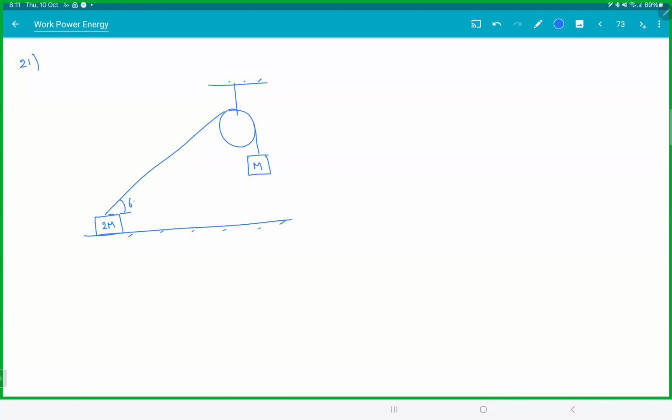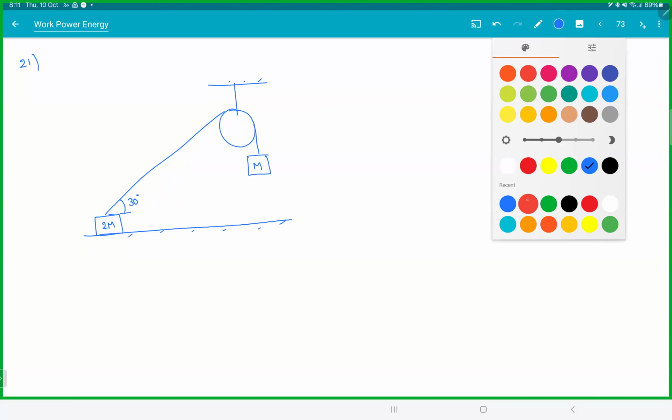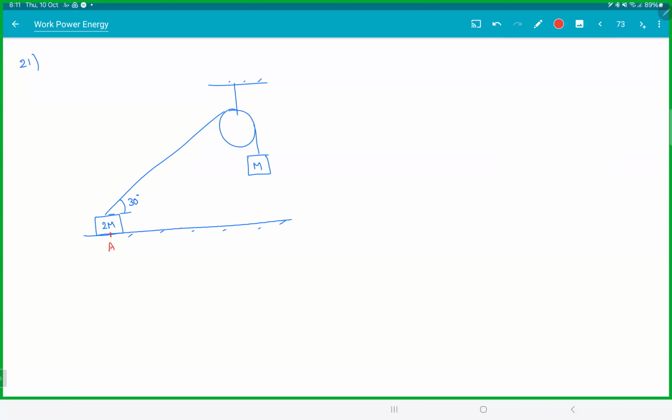Initially this angle is 30 degrees. This is A, somewhere here is B. So this block starts sliding and it becomes like this. This angle becomes 60 degrees. This distance is 2 meters.